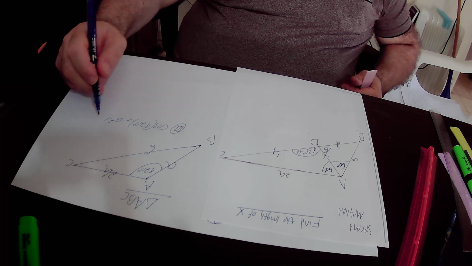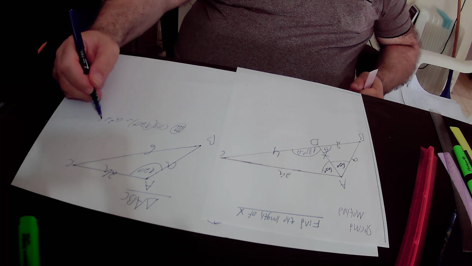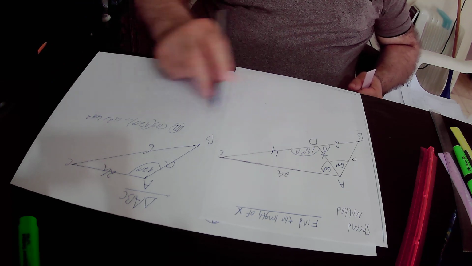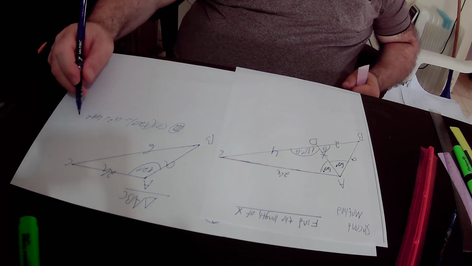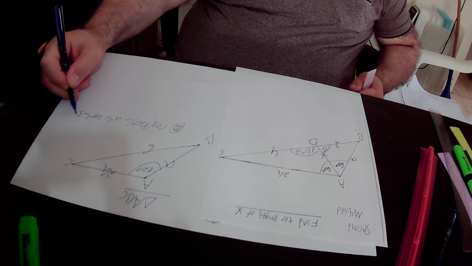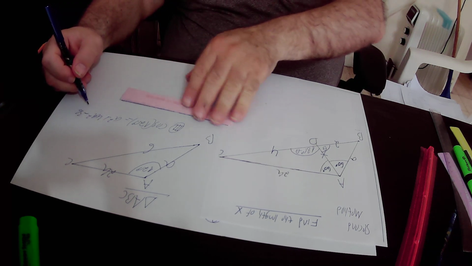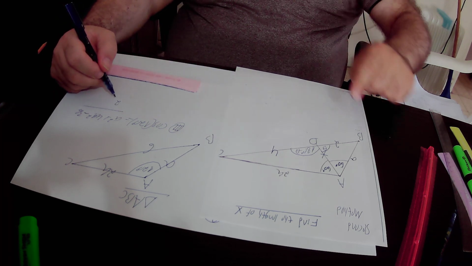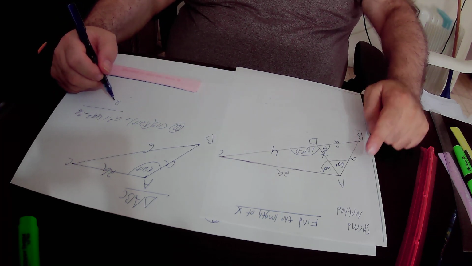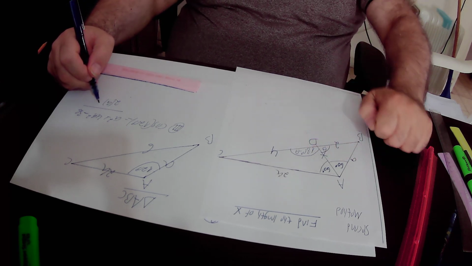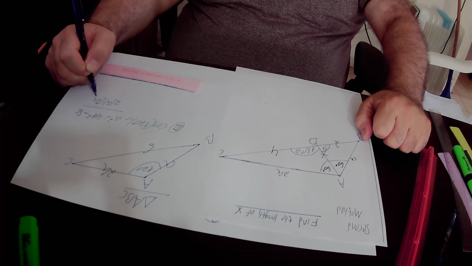AC squared is 2A squared, that is 4A squared, minus BC squared. BC equals 6 units, therefore BC squared is 6 squared, that is 36, so it is minus 36, over 2 times AB, which is A, times AC, which is 2A.